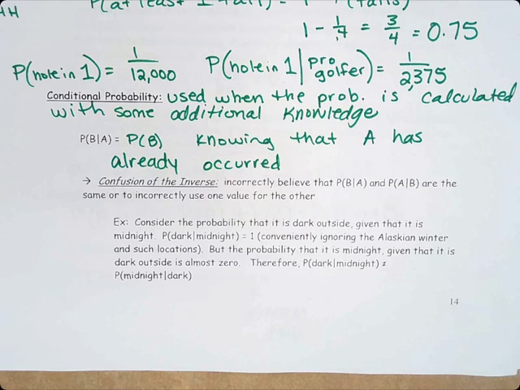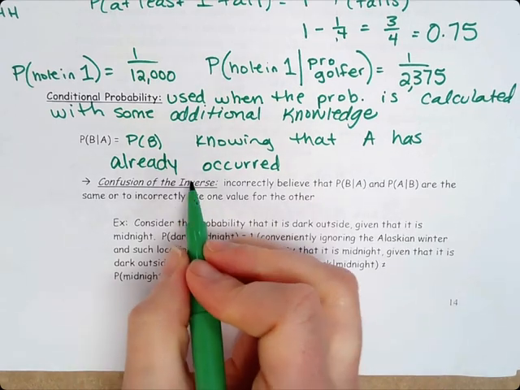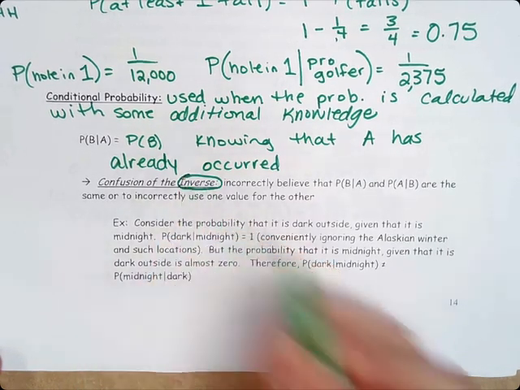A confusion of the inverse. Incorrectly believe that probability B given A and probability A given B are the same, or to incorrectly use one value for the other. So inverse, do y'all remember that back in geometry?